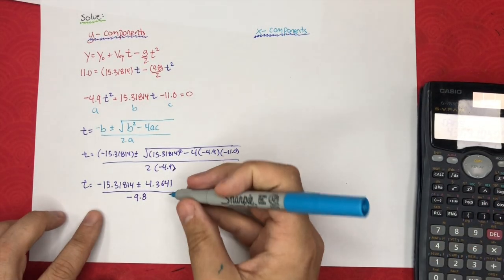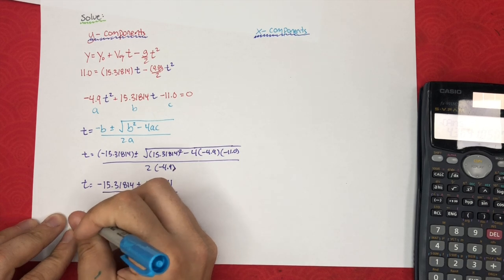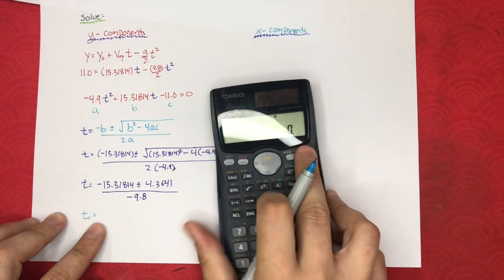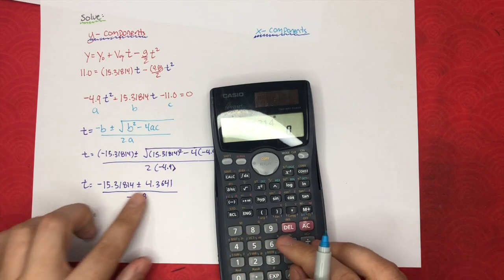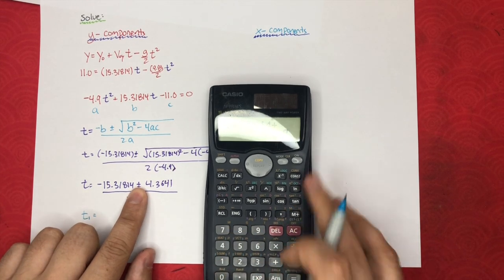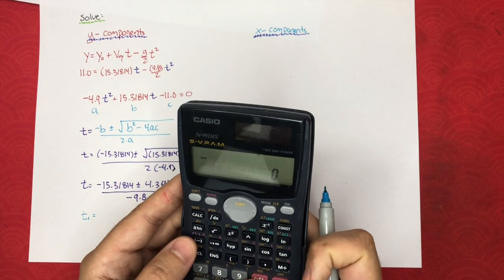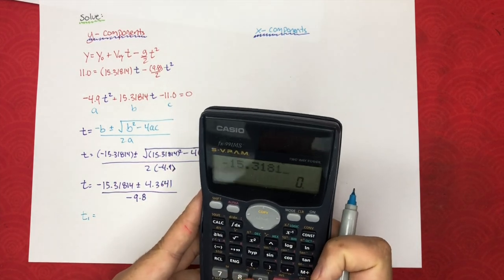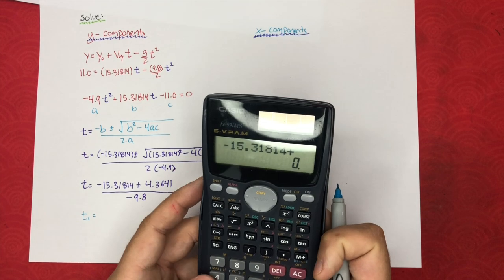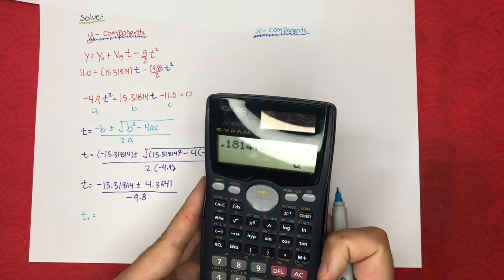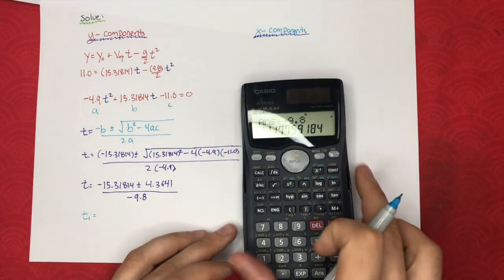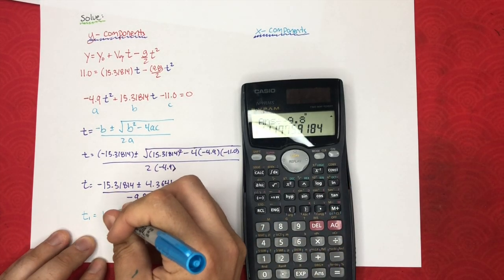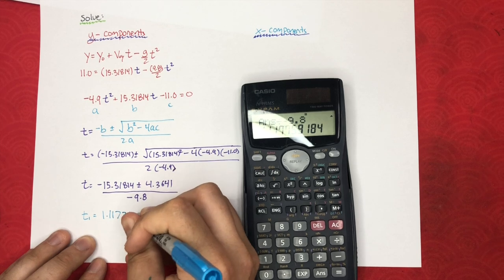So let's do the first calculation. I'll go t1 is going to be equal to negative 15.31814. I'm going to use the plus first. Plus 4.3641 divided by negative 9.8. That's going to be 1.11776 seconds.